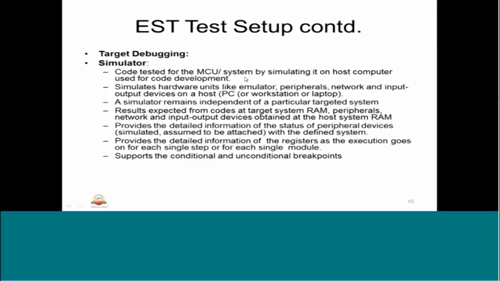So a few bullets: code is tested for the MCU system by simulating it on a host computer used for code development. It simulates the hardware units like emulator, peripherals, network, input output devices on the host or the workstation. It means all the peripherals that it has, it tries to emulate with the help of whatever emulation characteristics it has. The simulator remains independent of a particular target system.